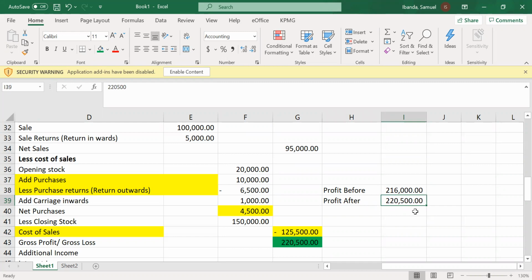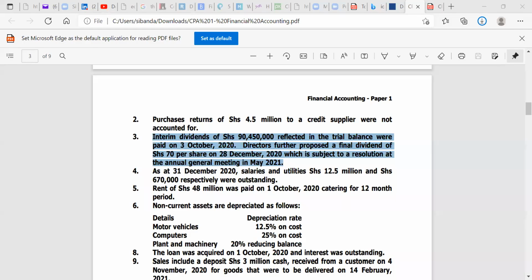Okay. So what does this mean to our question? When you come to our question, the one we have at hand, where they are telling us about purchase returns, purchase returns of 4.5 were not recorded.